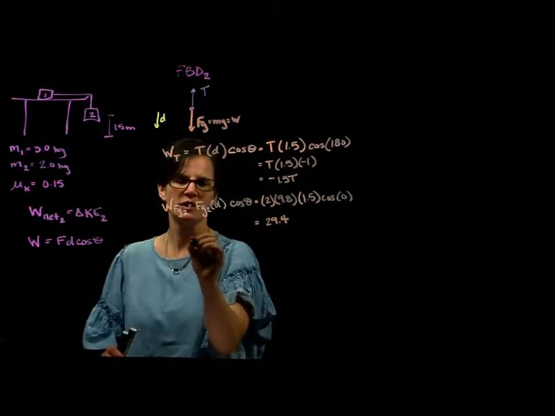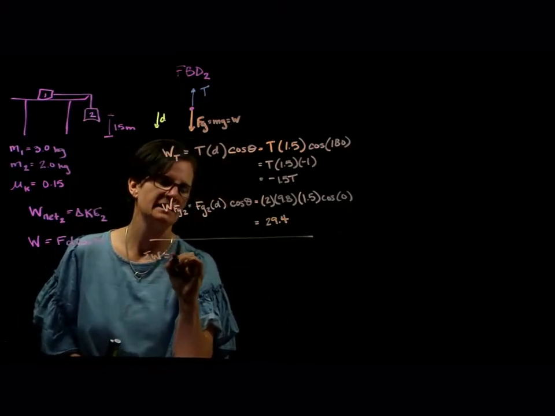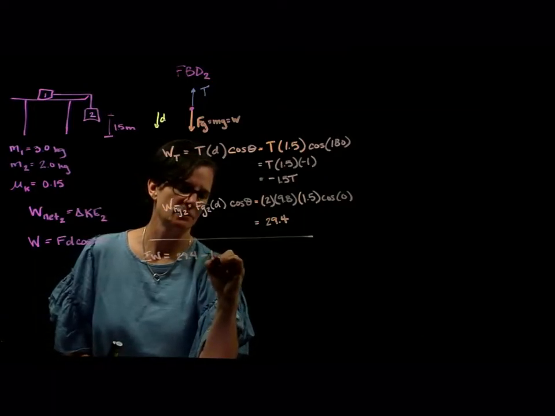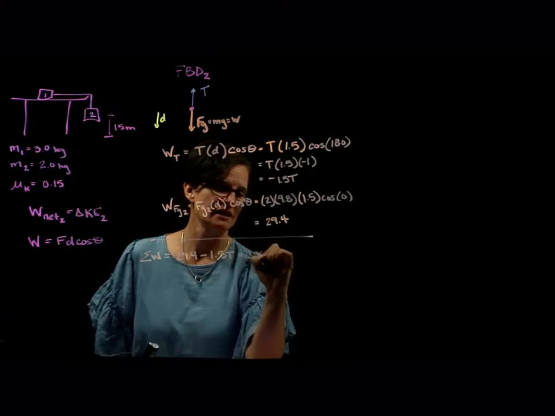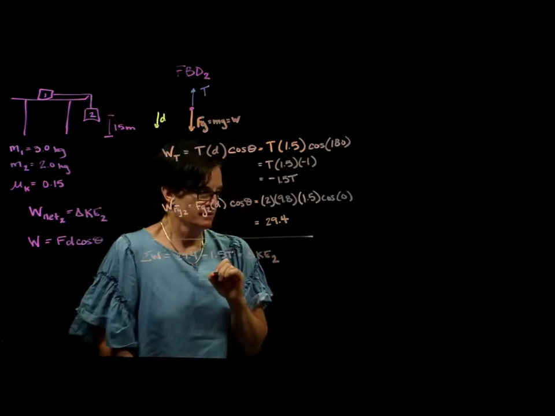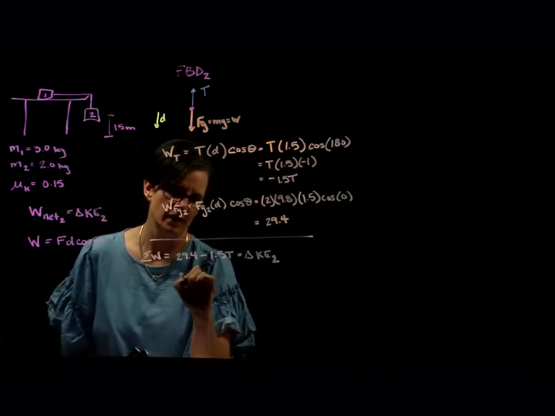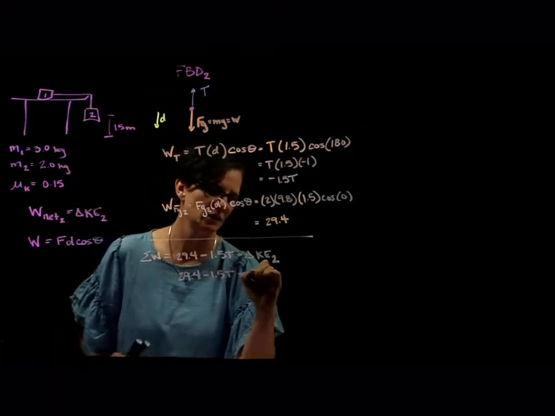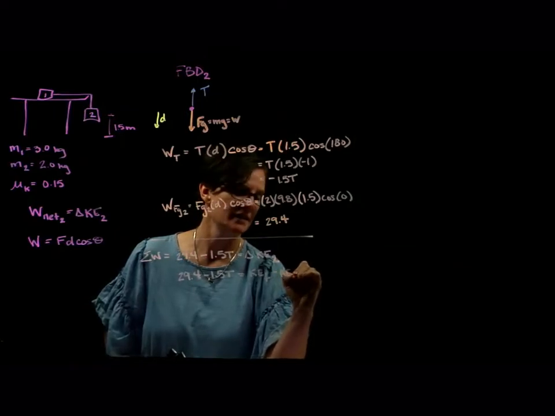So the net work, if we add these two together, the sum of the work is equal to 29.4 minus 1.5T, and that equals our change in kinetic energy of block 2. All right, so let's look at the change in kinetic energy. We have 29.4 minus 1.5T is equal to kinetic energy final minus kinetic energy initial.